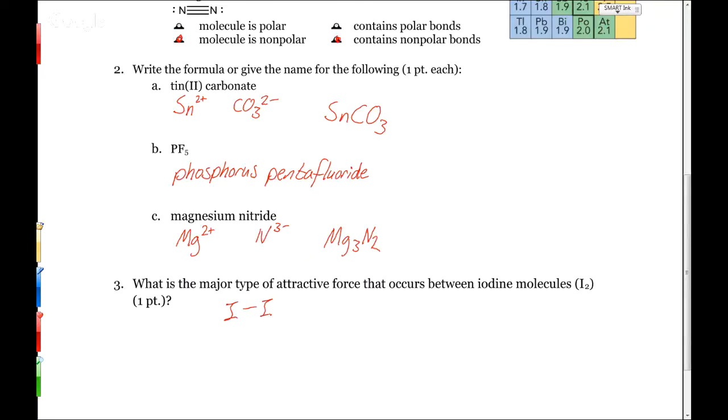Remember? Dispersion forces. So that's what they're called. So make sure you know those different kinds of forces: dispersion forces, dipole forces, hydrogen bonding. Be able to identify those and how they affect things like boiling point.